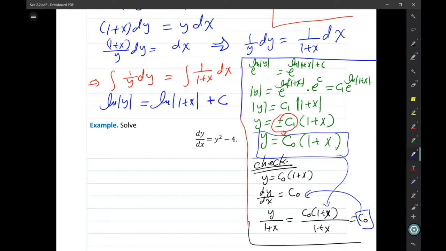Who can tell me how we can start? We put dy over y square minus 4 and dx on the other side.